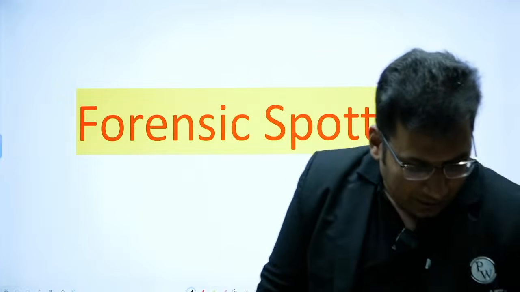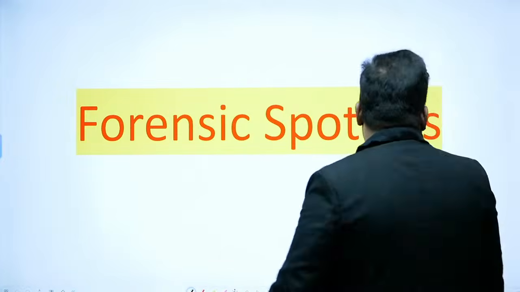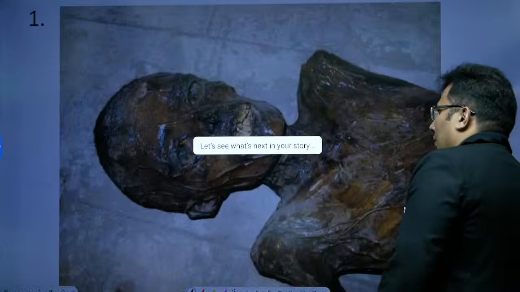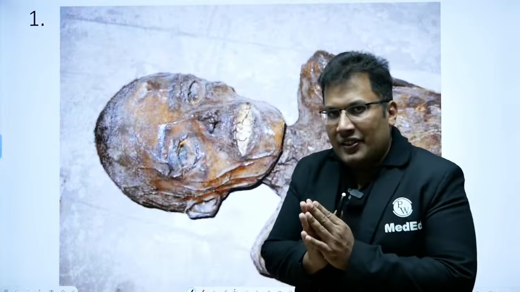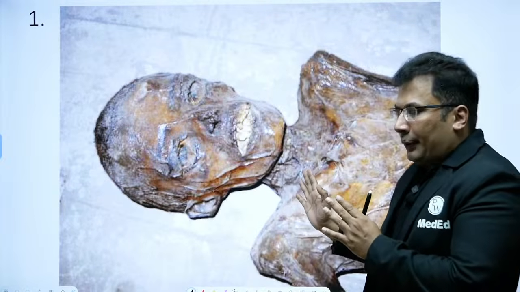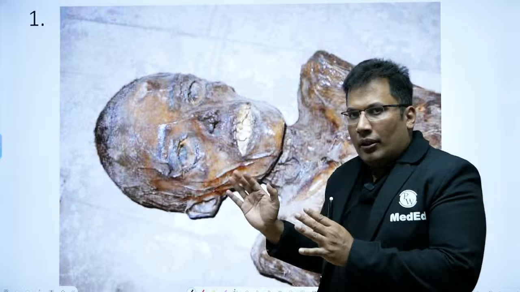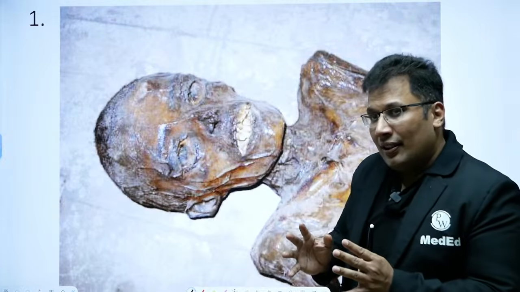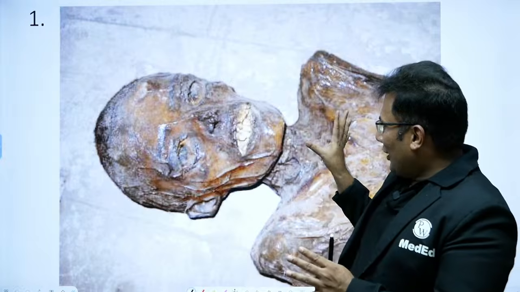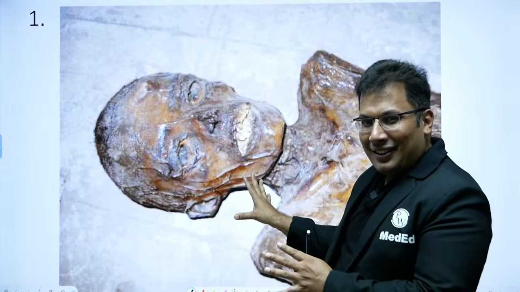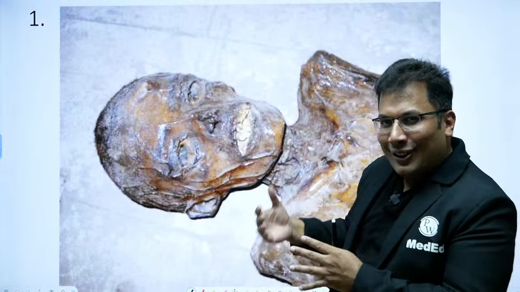So the first question. Now, this can be a spotter in your exam. This is basically mummification. Now my question is, 5 points about mummification, 5 important points that are visible on this image. Can you answer in the chat box?